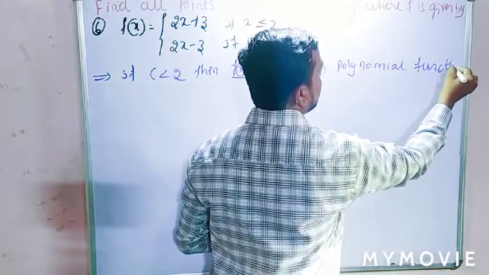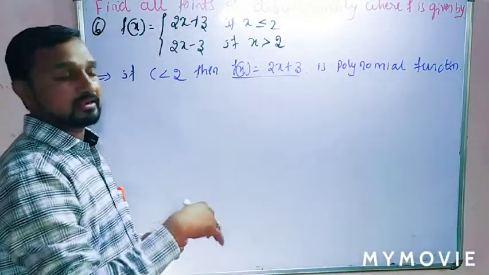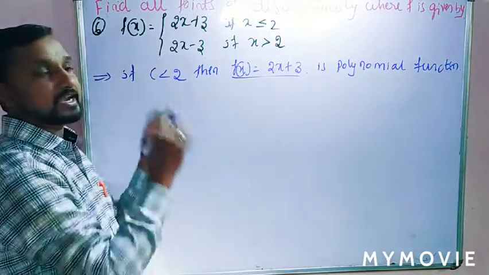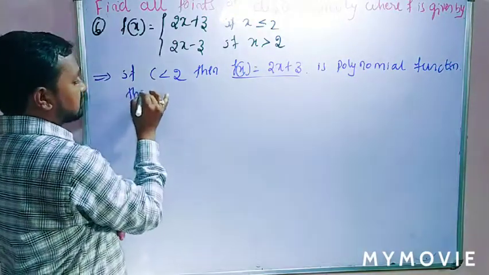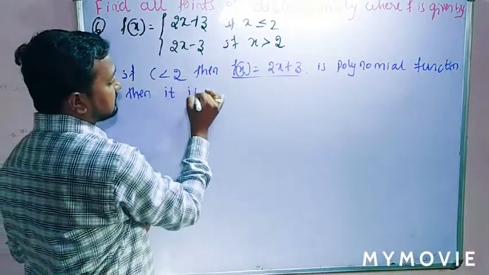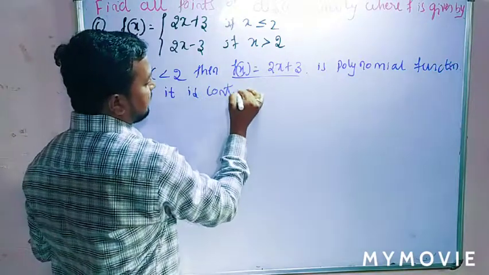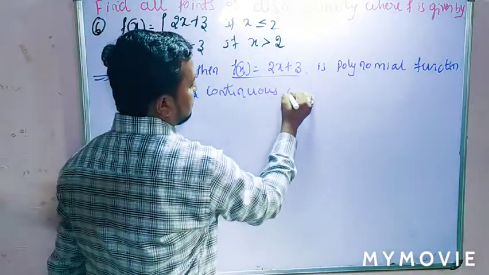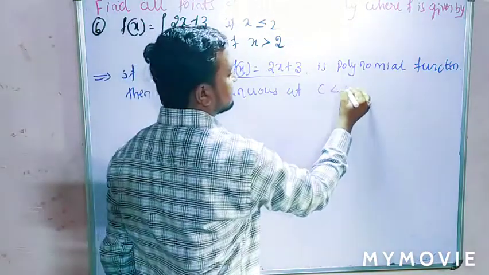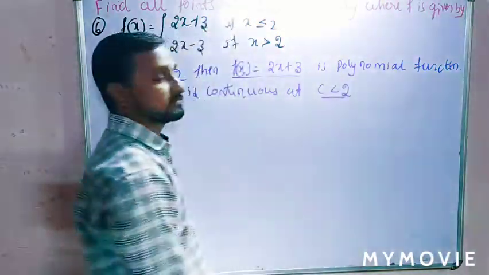Already we know that a polynomial function is continuous. Then it is continuous at every real number c less than 2.